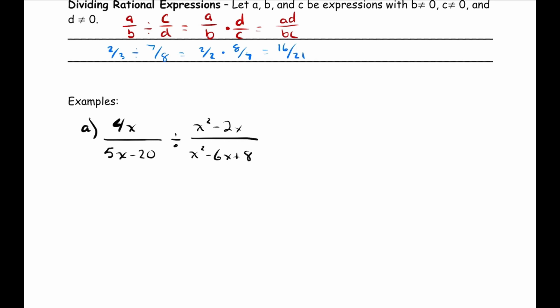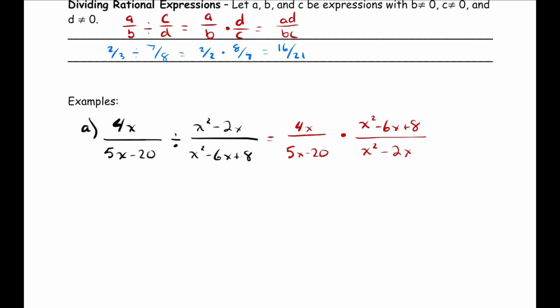We're going to do keep, change, flip first, though. So the first part of this expression stays exactly the same, 4x over 5x minus 20. We're then going to multiply by the reciprocal. So this is going to be x squared minus 6x plus 8 divided by x squared minus 2x.